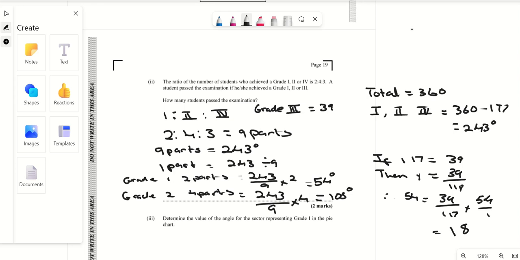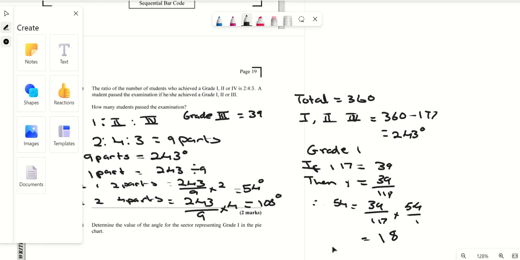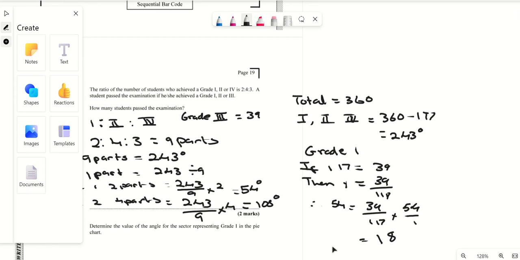So grade 1 is equal to 18 students, right? 39 divided by 117 multiplied by 54 is 18. And then grade 2, same thing.